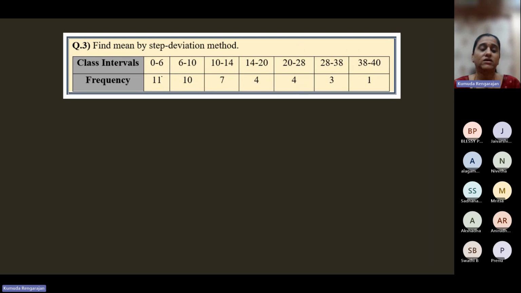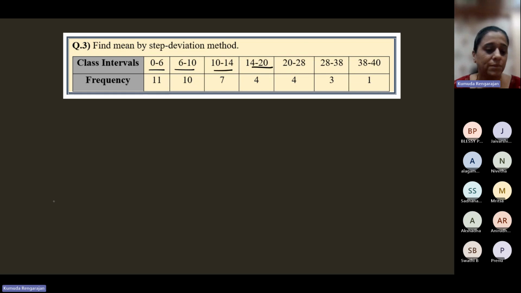See the class intervals here: 0 to 6, 6 to 10, 10 to 14, 14 to 20. So there is no gap. You can see there's no gap, so the class intervals are continuous.